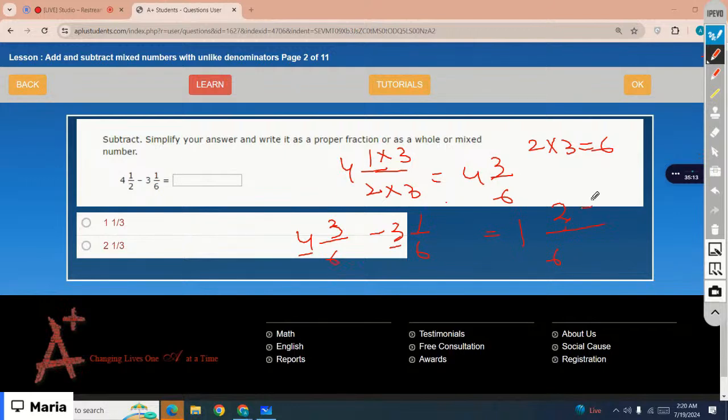You can divide them by 2. So that is 1 whole 1 over 3. The correct option is 1 whole 1 over 3. Option number 1 is the correct option.